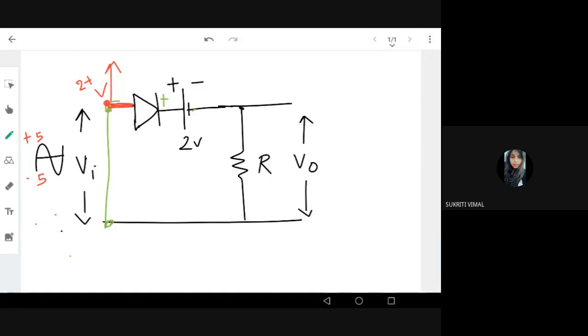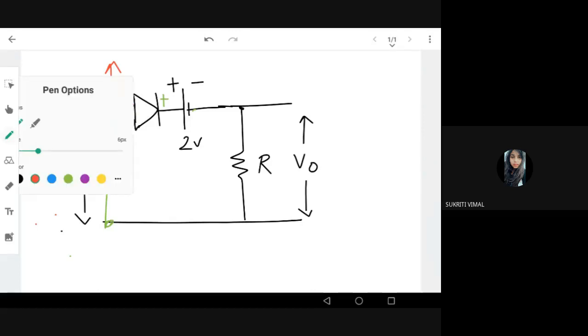So there are two conditions: the diode can be on or off. The diode can be on if my anode voltage, the input Vi, is greater than 2 volt. In all other conditions, where my input is less than positive 2 volt, the diode will remain off.